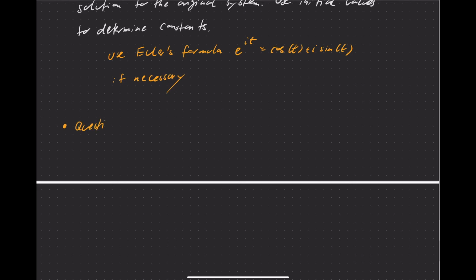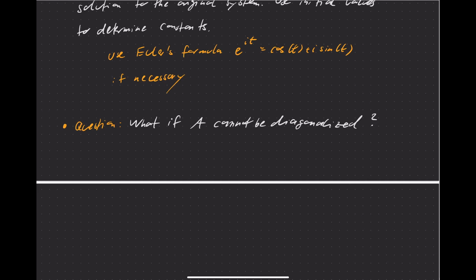So first question. What if A cannot be diagonalized? Yeah, of course, then our process breaks down completely.